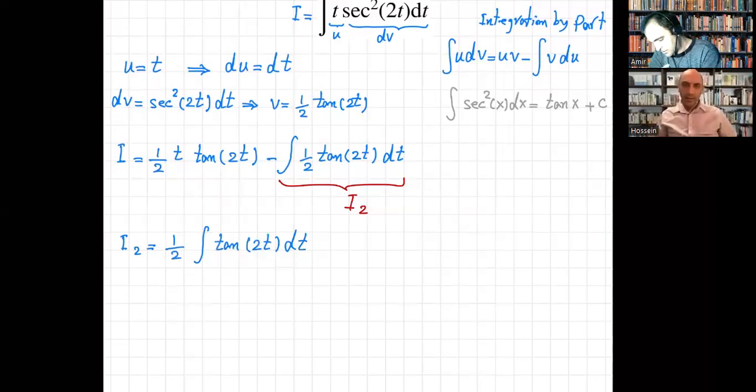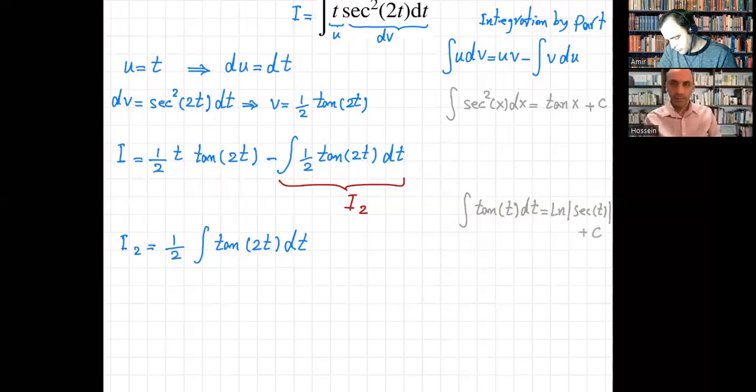Yes, let me just write it as an aside here. The integral of tangent of t dt, I don't change the variable here, is the natural logarithm, ln of the absolute value of secant of t, of course, plus the constant.